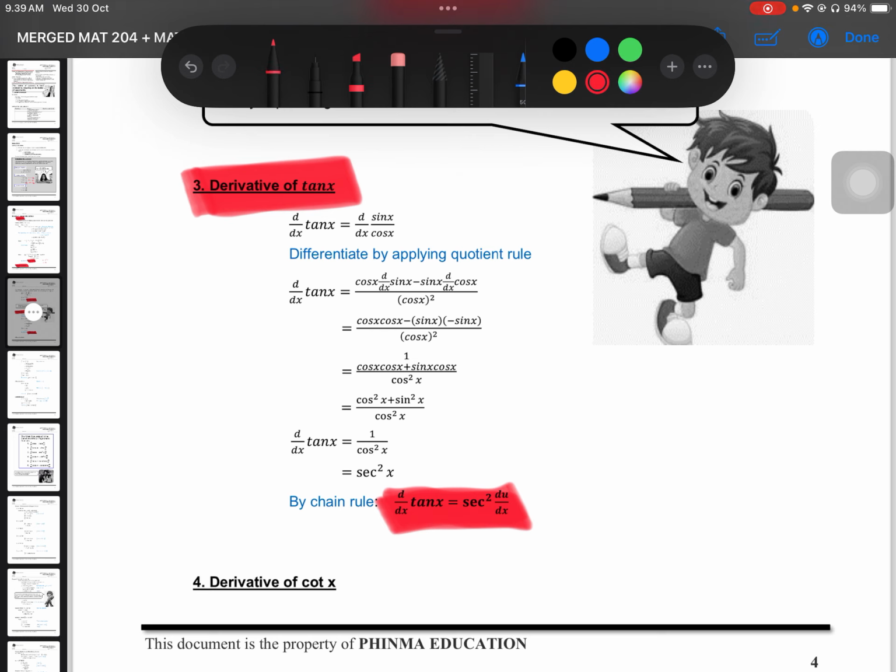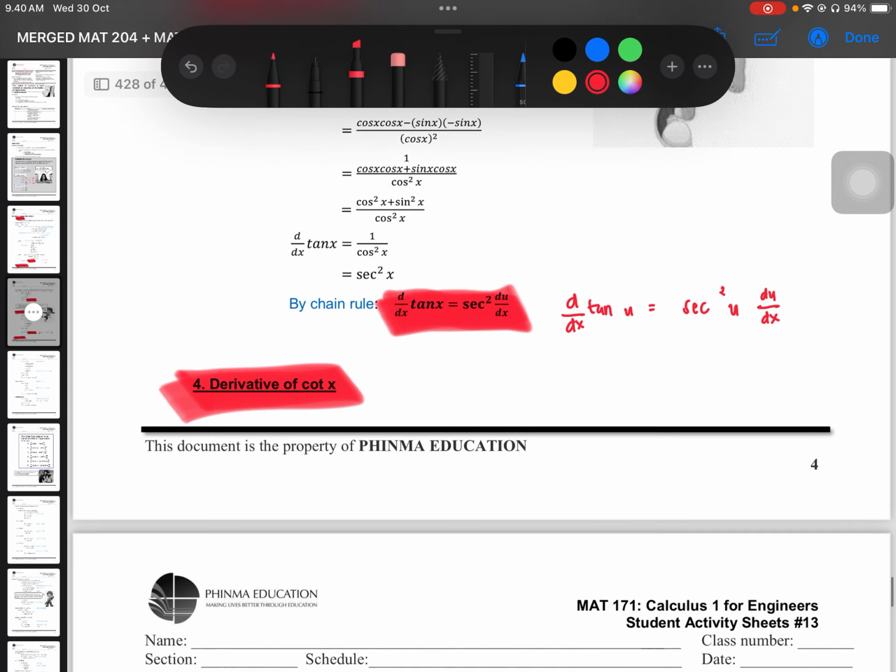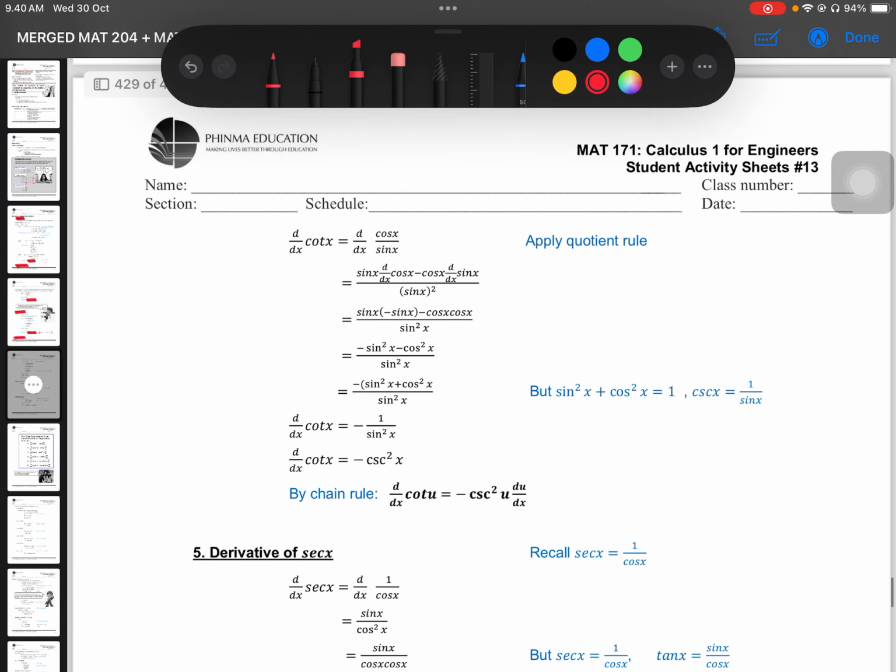Here, we just replace x with u. Then you multiply by the derivative of u with respect to x. And then, next is the derivative of cotangent u, which is equal to negative cosecant squared u du over dx.